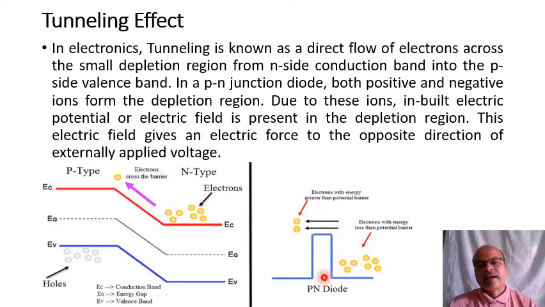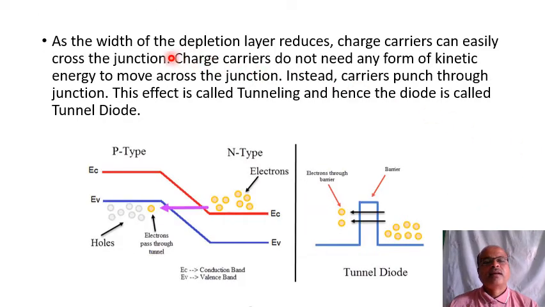The diagram also shows electrons with energy less than the potential barrier and electrons with energy greater than the potential barrier. As the width of the depletion layer reduces, charge carriers can easily cross the junction. They do not need any kinetic energy to move across the junction.